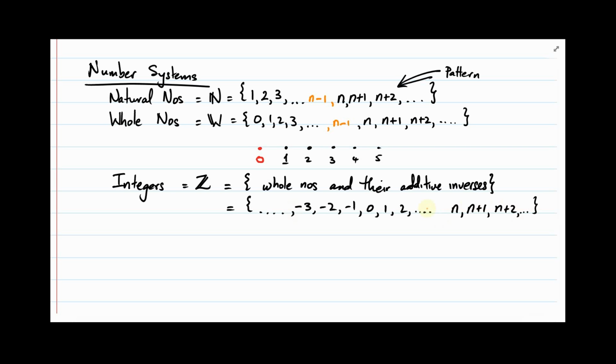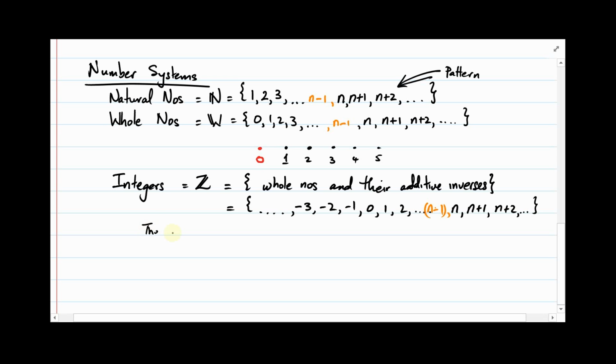And if I should even come before that nth term, I would have n minus 1, just as we had before. So again, the same pattern for consecutive integers as it is for consecutive whole numbers and natural numbers.